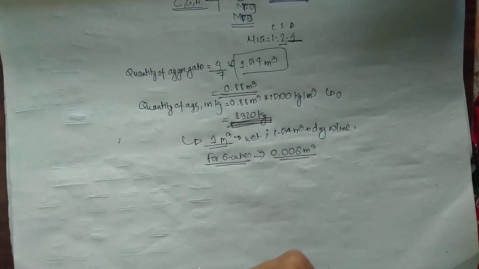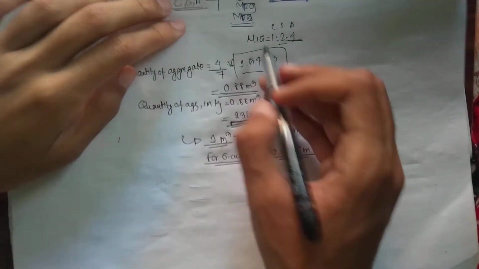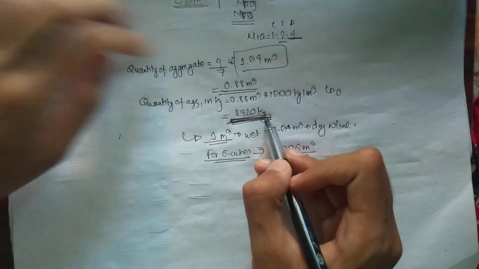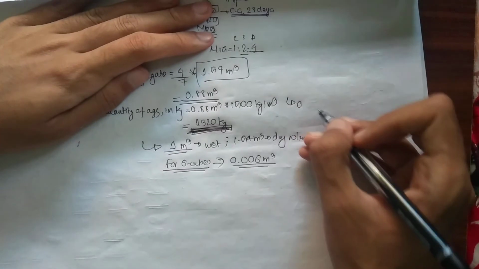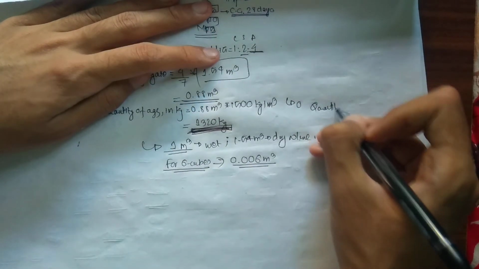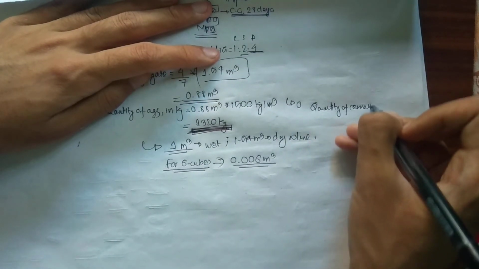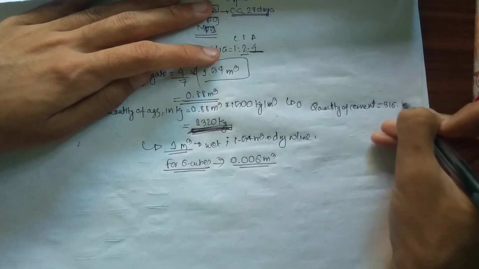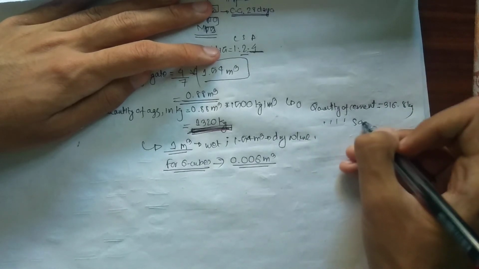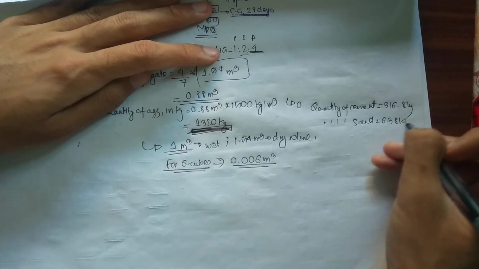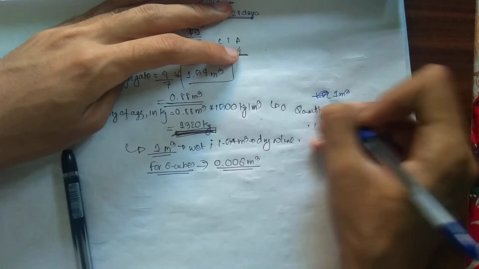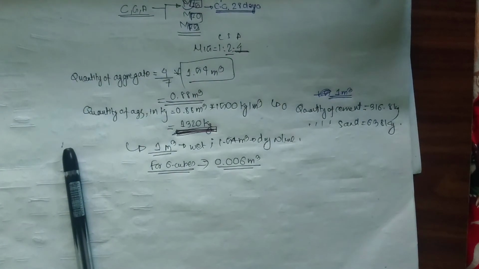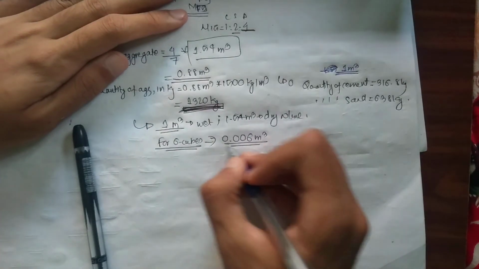So in order to calculate for 0.006 meter cube, we use all this data: 1320 kg for aggregate, and the quantity of cement we obtained was 316.8 kg. Similarly, the quantity of sand we obtained was 638 kg. All this was for 1 meter cube wet volume. So right now we need it for 0.006 meter cube.